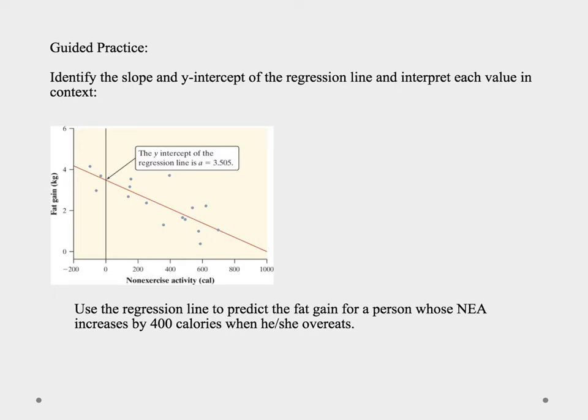All right, so guided practice. Identify the slope and y-intercept of the regression line and interpret each value in the context. Well, I need to give you the regression line. So the regression line is as follows.